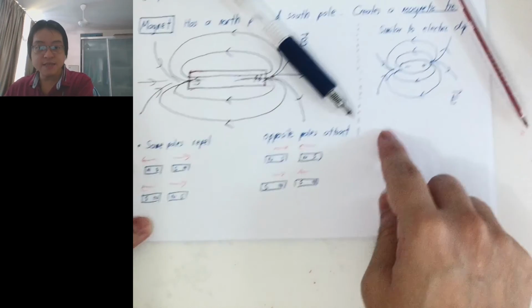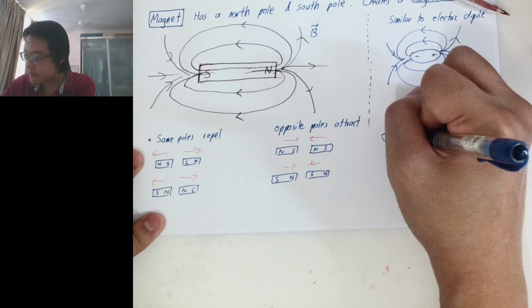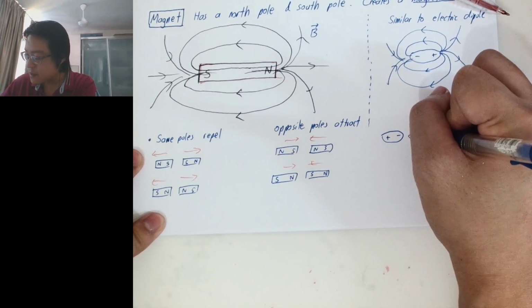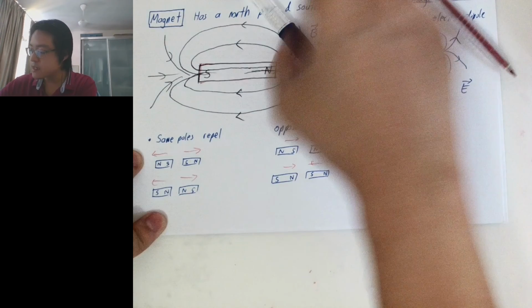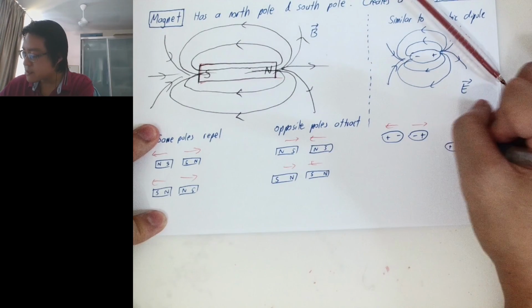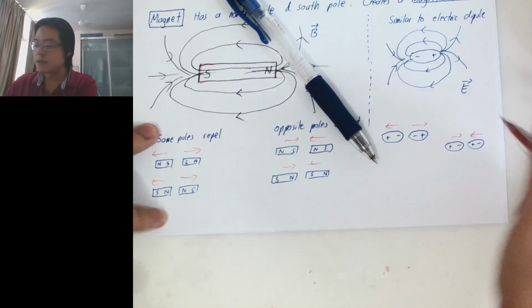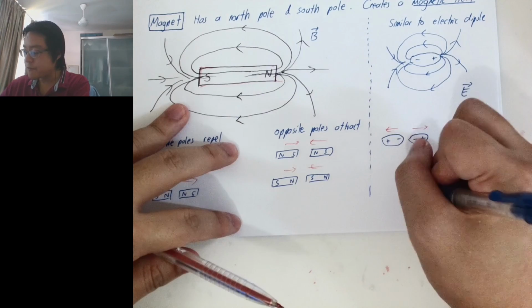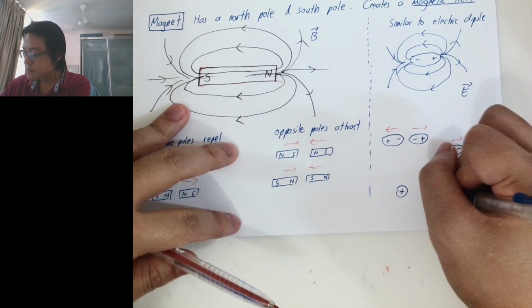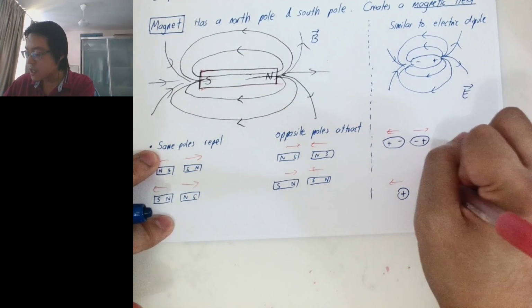The same is also similar to dipoles. If I put positive negative and then negative positive, this will repel each other. But if I put positive negative and then positive negative here, this will be attracting each other. For the electric field, we understand this already. This is Coulomb's law.